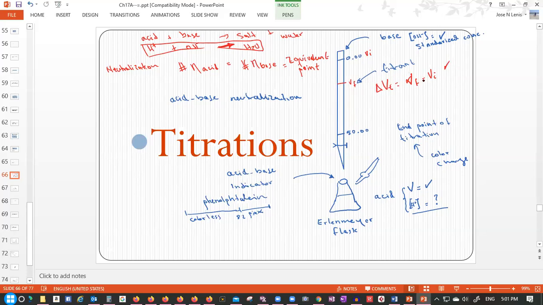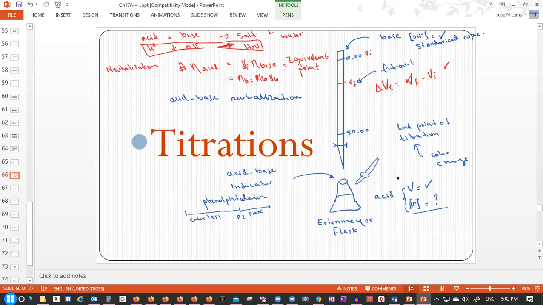So you know the volume of the base, and you know the concentration of the base. And that will give you the moles of the base. What is moles of the base? Moles of the base equals molarity of the base times volume of the base. And that should be equal exactly to the moles of the acid.